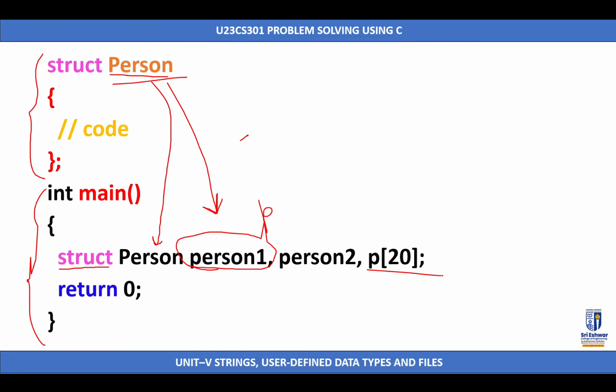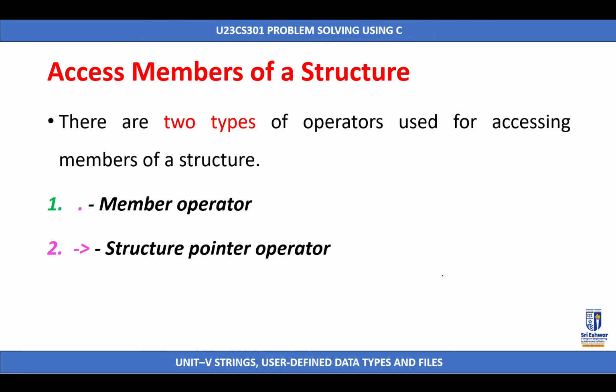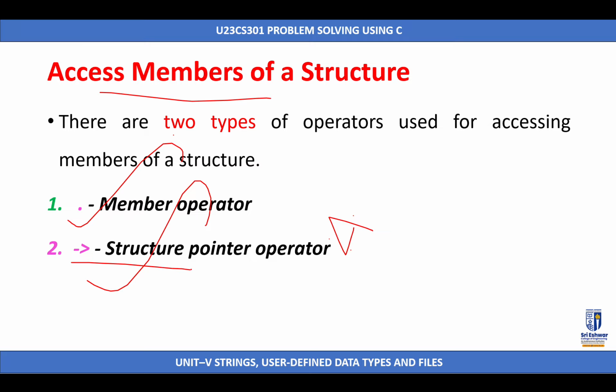I will show one program so that you can understand after explaining these things. You can see here the different ways of accessing our structure members: dot and the arrow mark. The arrow we will be using in our DSA to access each and every value in the data structure programs, and dot member we will be using in our basic structure applications.